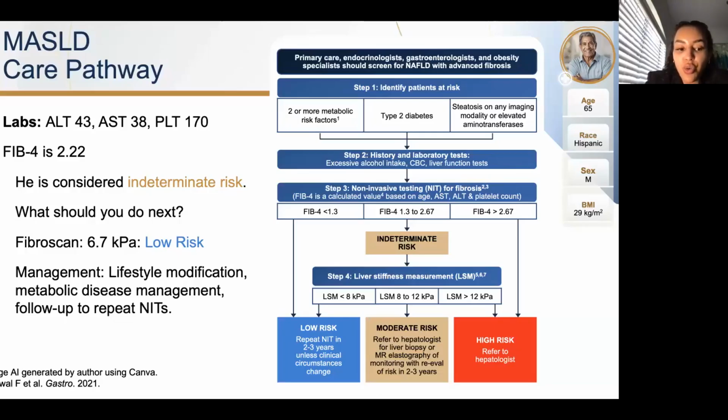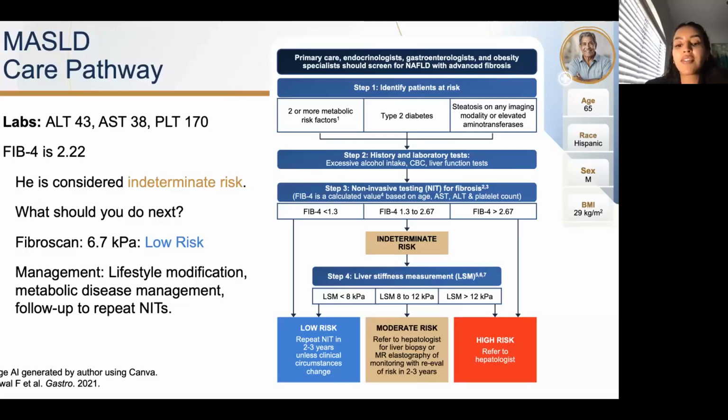Based on that score, we would recommend lifestyle modification. We want to try to decrease these metabolic risk factors. We want to manage his diabetes, work on weight loss, manage his hyperlipidemia. And then we would recommend repeating these non-invasive tests in 2 to 3 years based on these guidelines.